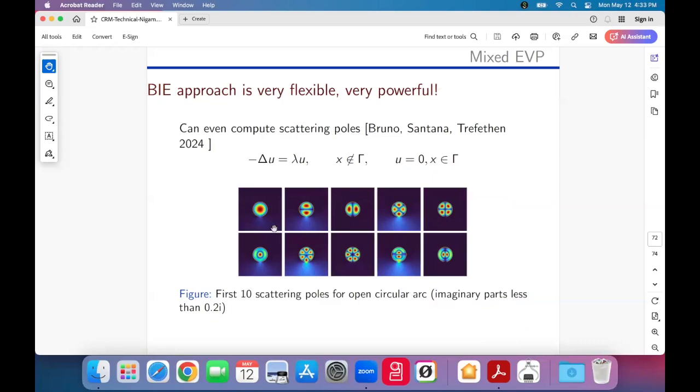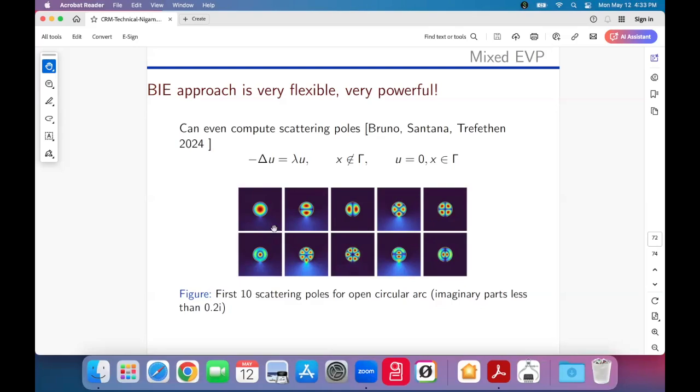It's a very flexible approach. You don't have to use polynomials. You don't have to do exactly what I told you. You could use a combination of single and double layers. You could use rational approximation. It allows you to solve problems where maybe your domain is exterior to a curve, or maybe your curve isn't even closed. So you've got poles or resonances.